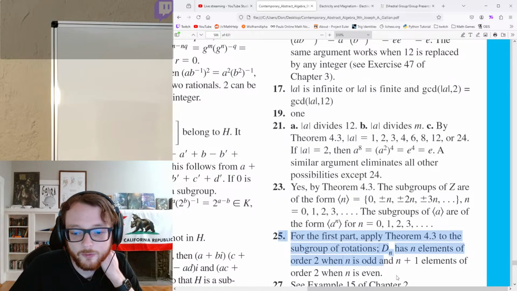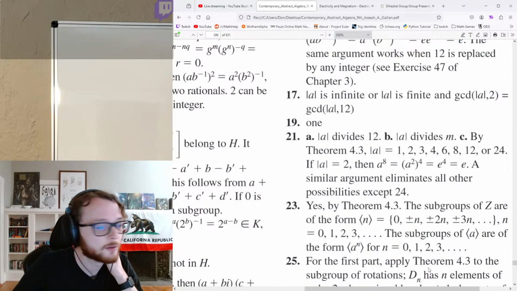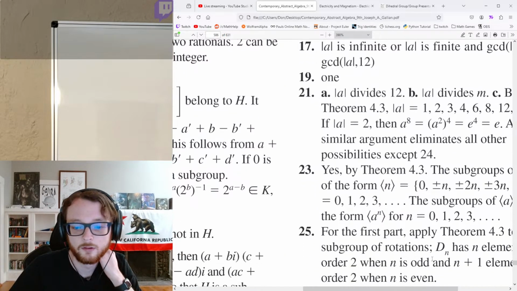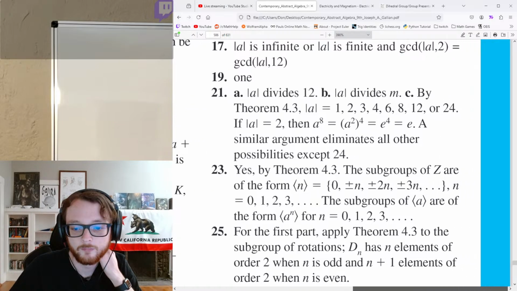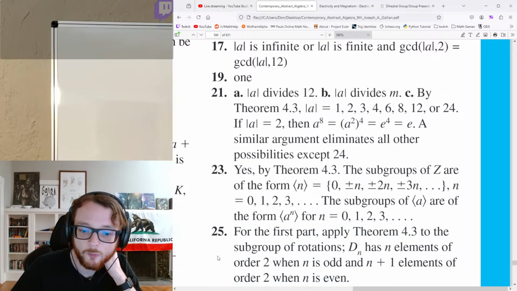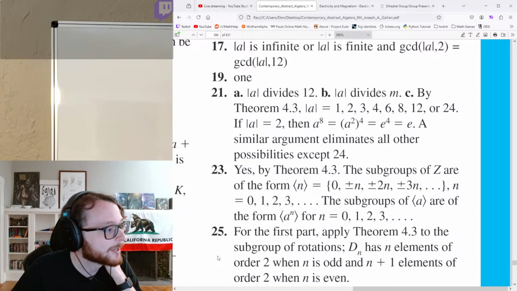All right, so it's this right here. Zoom in a bit more. Okay, so it's that one. For the first part, apply theorem 4.3 to the subgroup of rotations. Wait, I said theorem 4.4. I might have misremembered what number it was. We should look at theorem 4.3 to make sure it's the one that I'm thinking of.